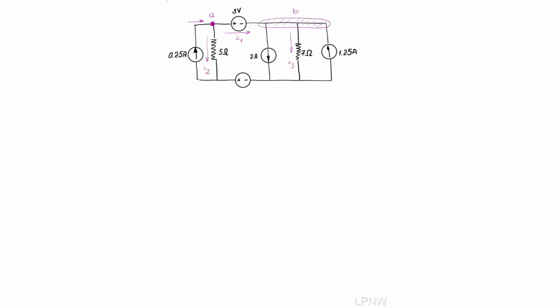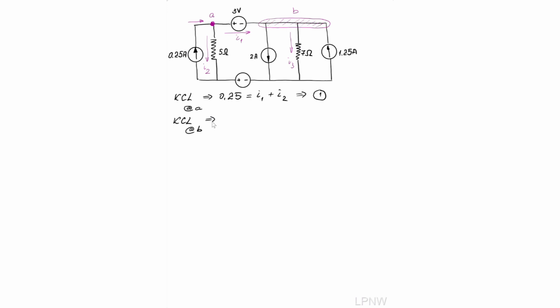At this stage, I could write an expression for Kirchhoff's current law at node A. 0.25 amps being the current in should equal the summation of the 2 currents out, I1 plus I2. That's my first relation, so I will call it equation number 1. Then I will move to Kirchhoff's current law at node B, which is a little bit more complicated.